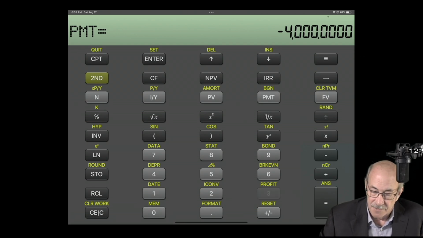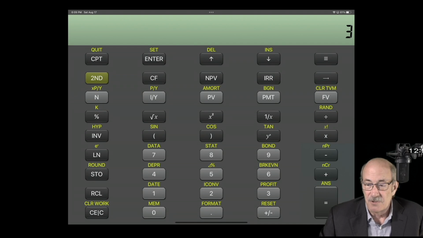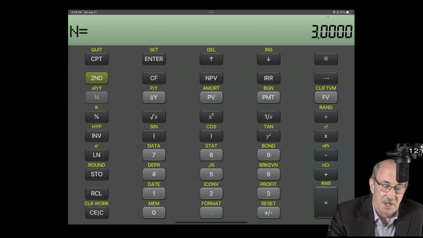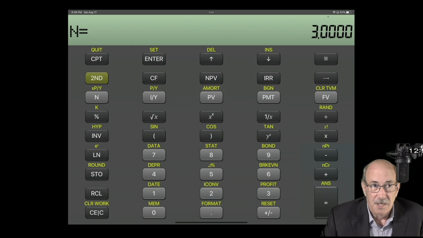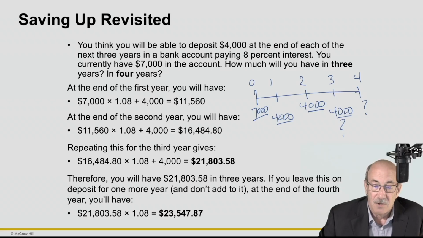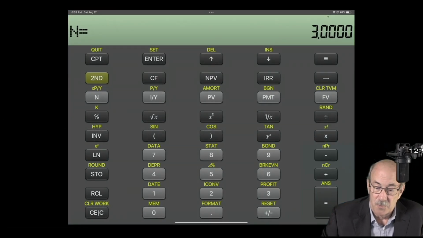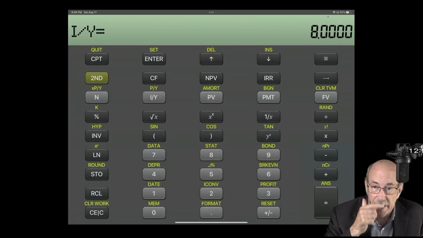And so that reminds me we need to put in the number of years, and so that's a 3. Then we also want to put in our interest rate, which in this case is 8% right up here, right? So let's go back to the calculator, and we're going to put in 8% per annum.